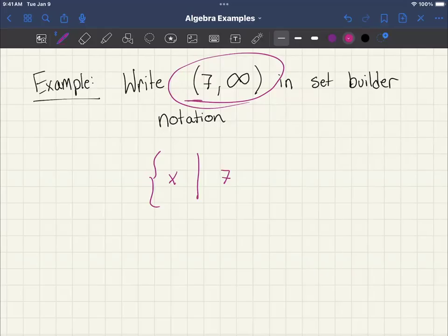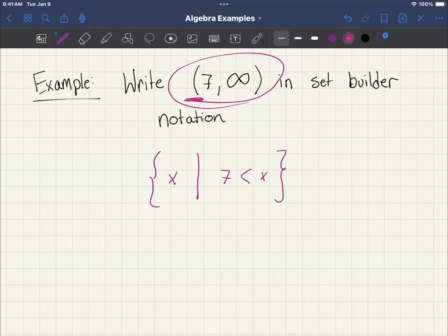Now this first bracket is open, which means we only have an alligator mouth without the line underneath it. And our x should be bigger than that 7 because we want all x values between 7 and infinity.